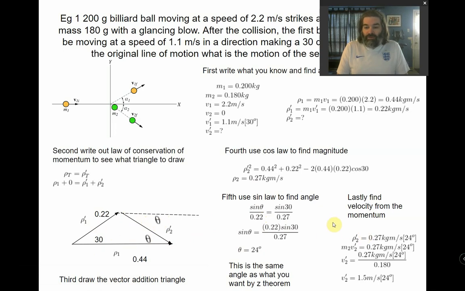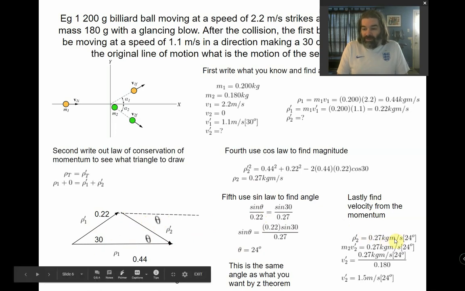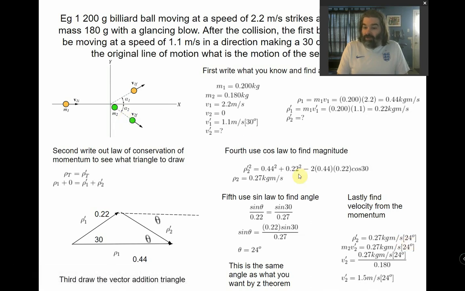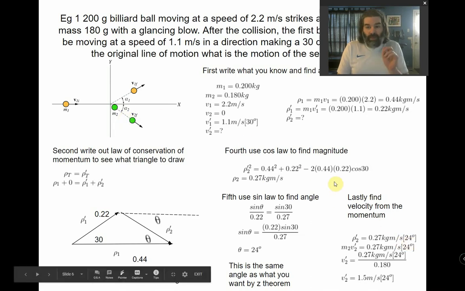So your total answer for the momentum is 0.27 kilogram meters per second, 24 degrees below its initial path. Now, remember, you're not done yet. You've got 8 out of the 10 marks. To get the last mark, you have to find the velocity by dividing by the mass of that ball, because if you know the momentum, you can find the velocity.